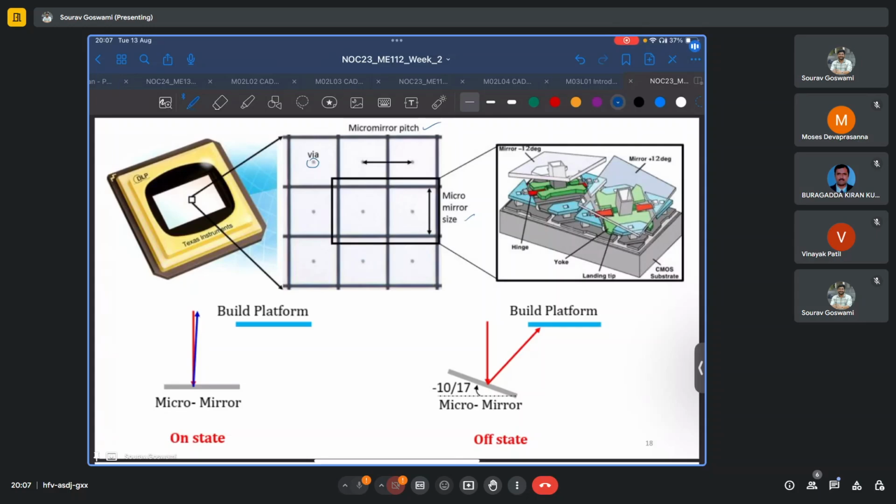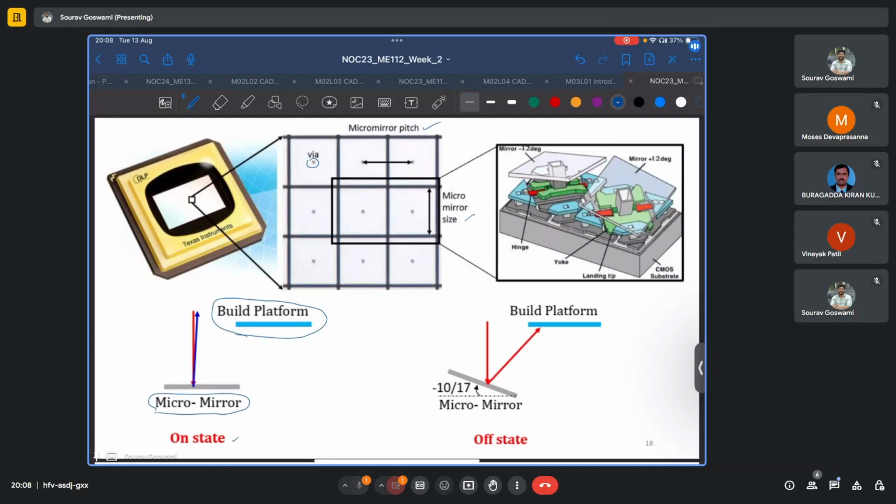Now, on the right, we also see a schematic view of the mirror, where we see that the mirrors are always at certain angles, say at -12 degree or +12 degree. And depending on the relative position of the build platform and the micro mirror array, in one case, which is said to be the nominally on state, the energy is incident on the mirror, but given that it is inclined at an unsuitable angle, the radiation, rather than getting incident on the build platform, is reflected away.